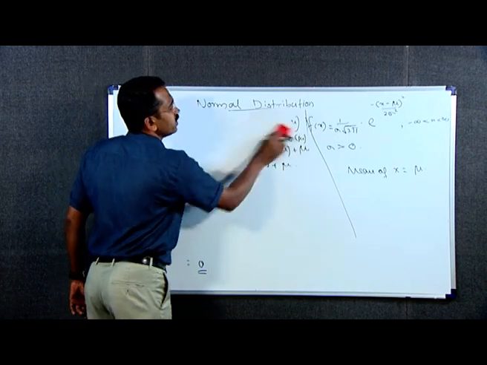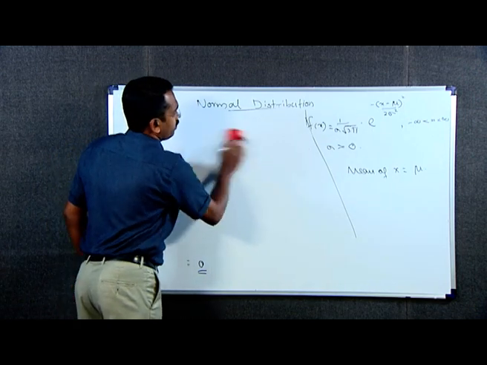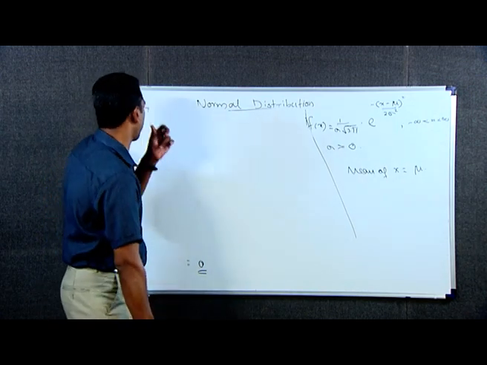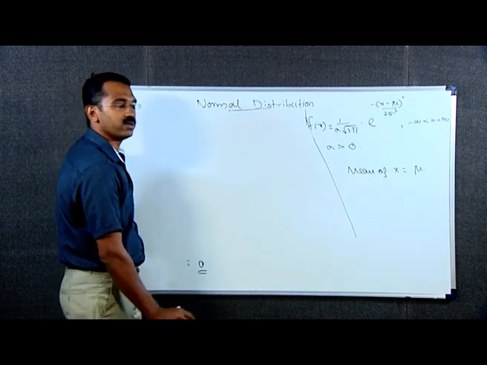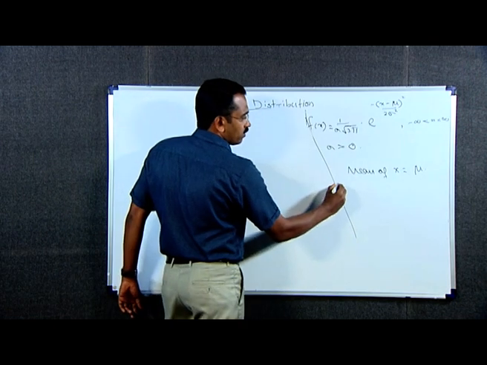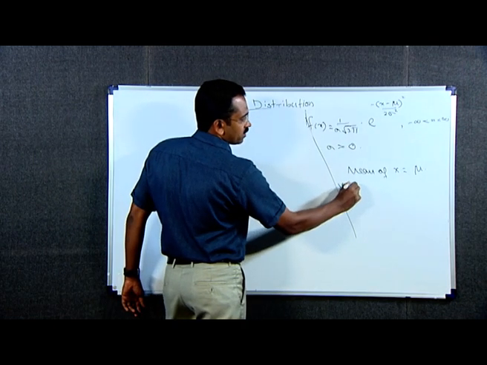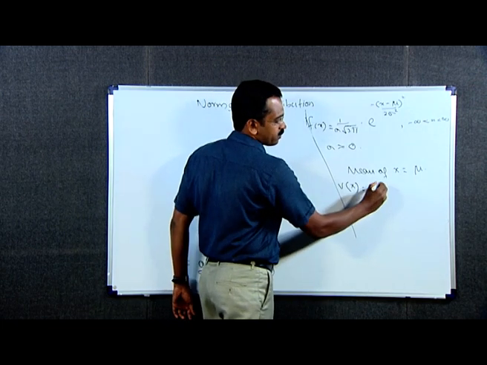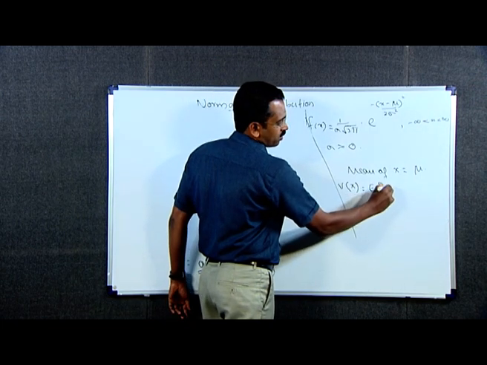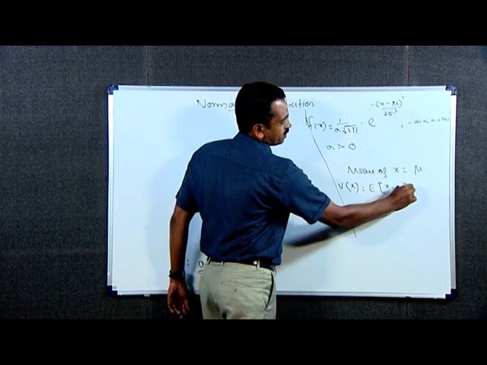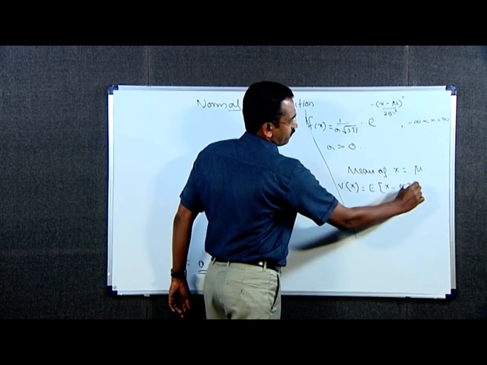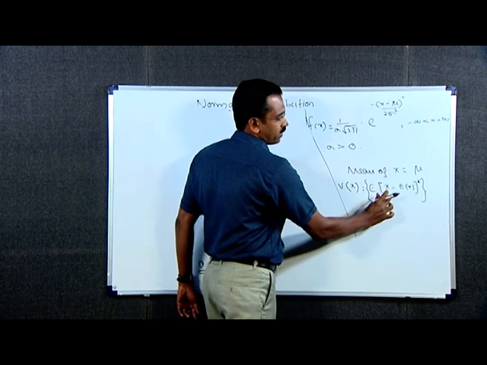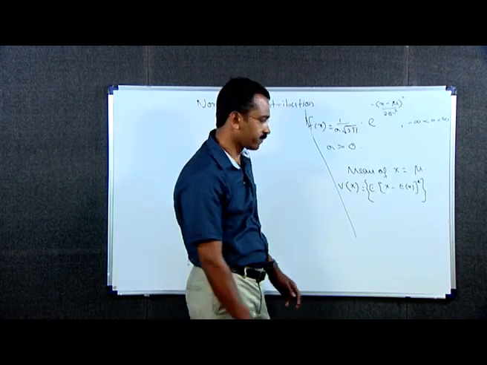Now we have to find the variance of the normal distribution. By the definition, variance of x is equal to, the basic definition is expectation of x minus E of x, the whole square.